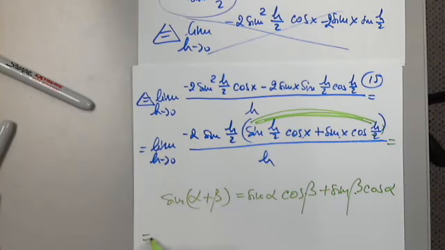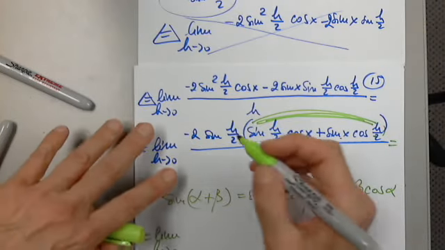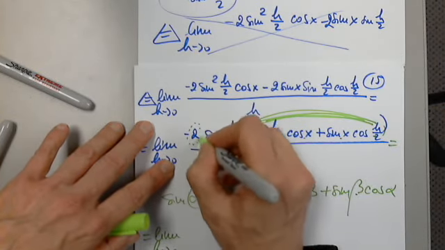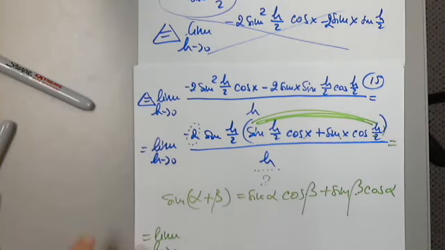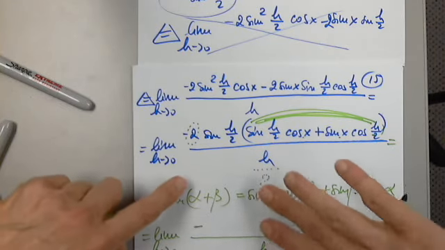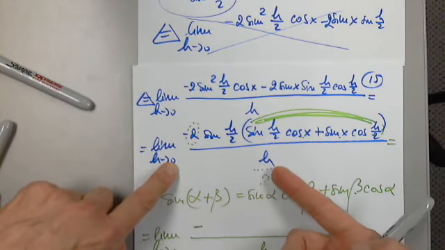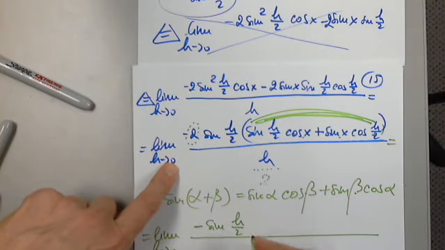So then, limit as h approaches 0. Now, do you allow me to bring this here? In other words, negative h over 2. When I flip h over 2, I get 2 over h. Then I have sine h over 2.